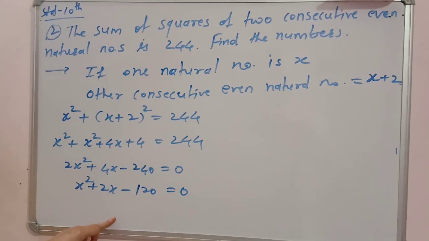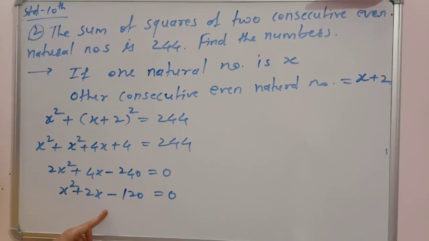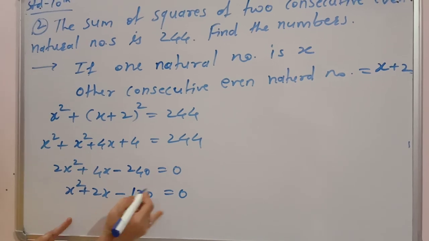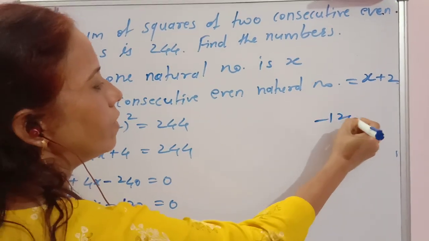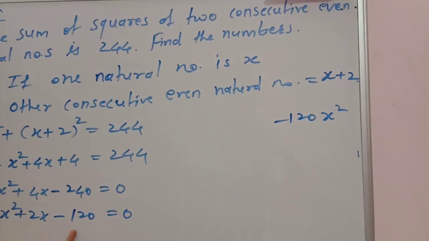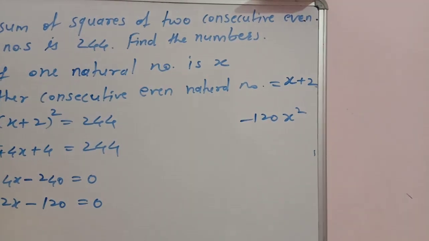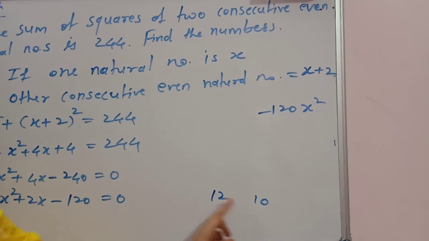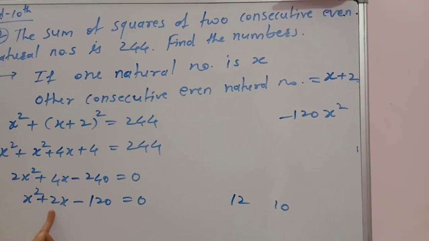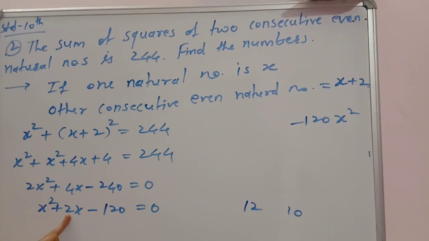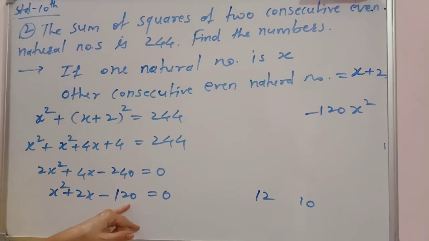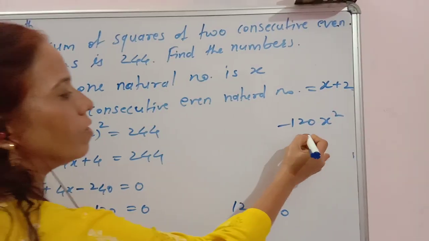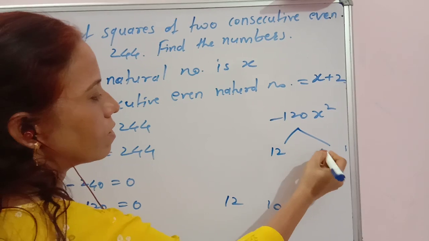Again, first see for the factorization method. The product of these two terms is negative 120 x square. The factors of 120: 12 multiplied by 10, and the difference of these two is also 2. So split this term into two factors such that their product is 120. Which are the two factors? 12 and 10.